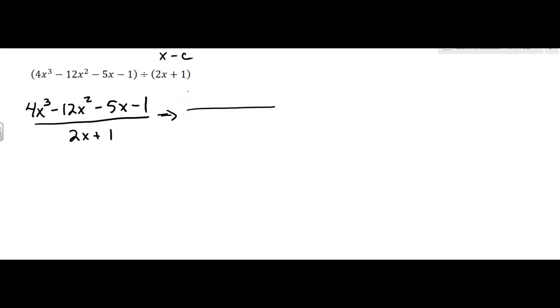I can write this as 4x cubed minus 12x squared minus 5x minus 1. And then in the bottom, I'm going to factor out a 2, and that gives me x plus 1/2. Now you might have to think about that a little bit, but that is true.